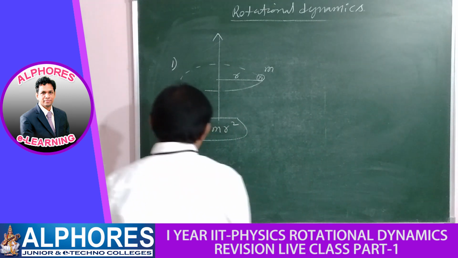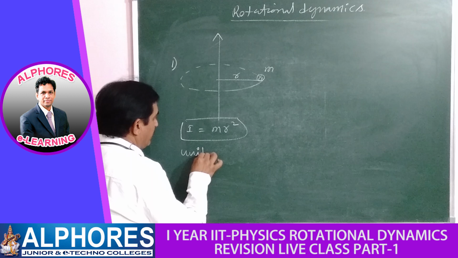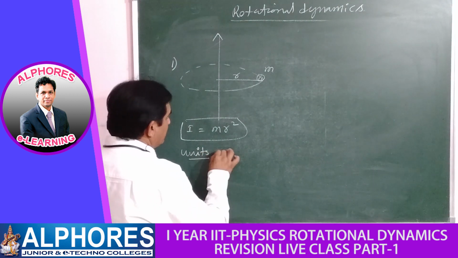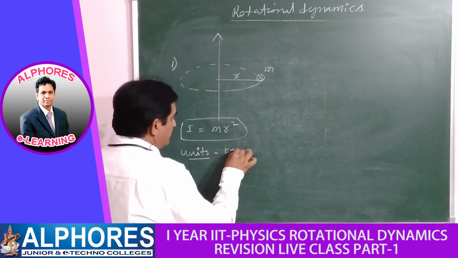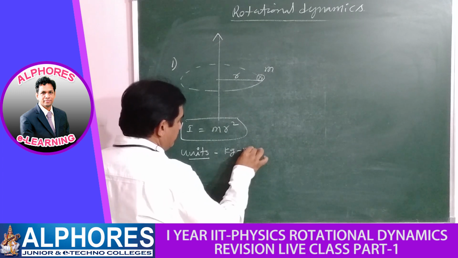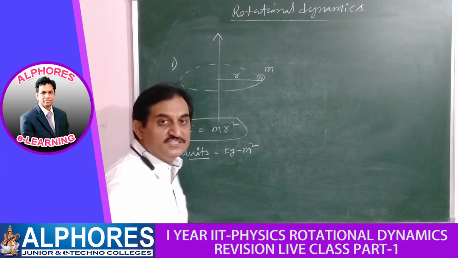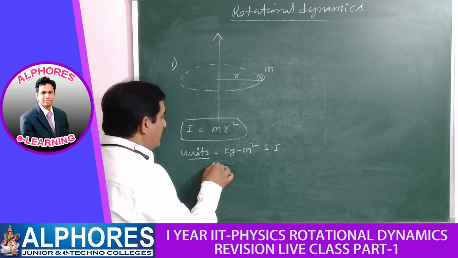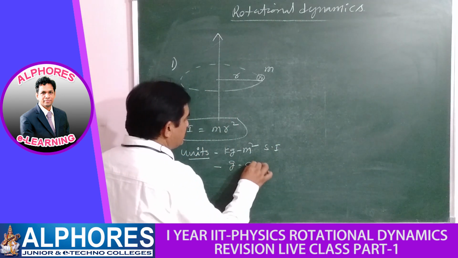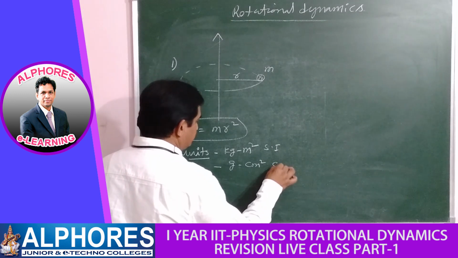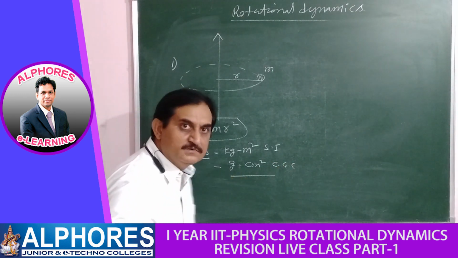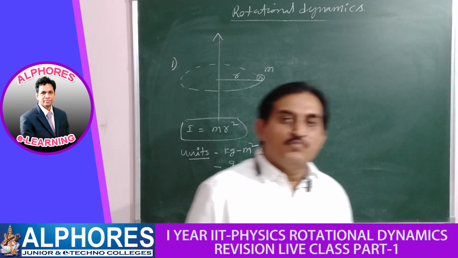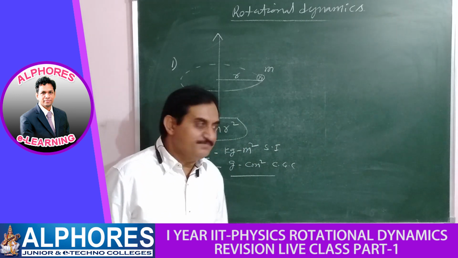And units: mass in kg, distance in meter, so kg meter square in the SI system, and in the CGS system gram centimeter square. So this is one variety of moment of inertia.